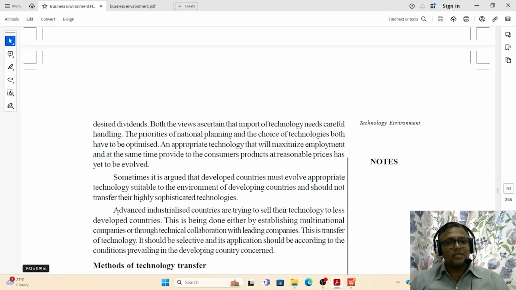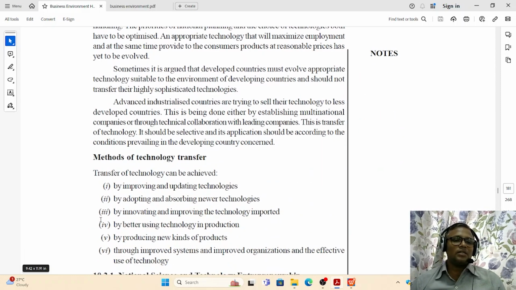Advanced industrialized countries are trying to sell their technologies to the less developed countries. This is being done either by establishing multinational companies or through technical collaborations with the leading companies. This transfer of technology should be selective and its application should be according to the conditions prevailing in the developing countries concerned.